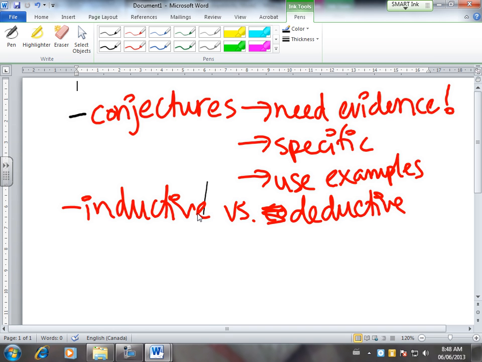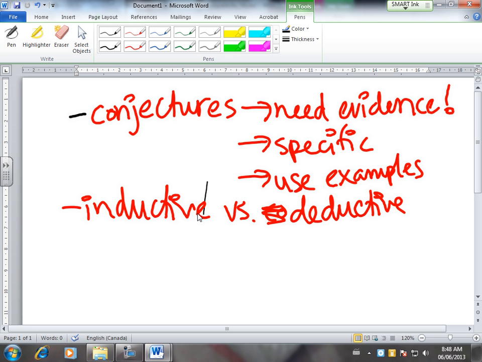Okay, so know that inductive goes from small to big and deductive goes from big to small, and be able to tell the difference. And there's examples of that in your review. So like the multiple choice questions 4 through 6, and then even number 2.